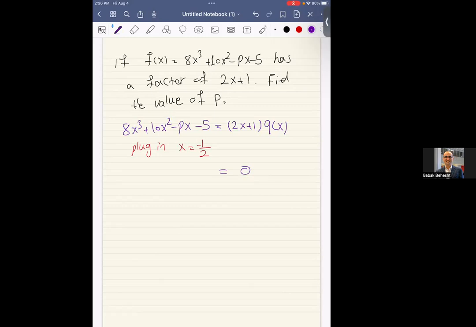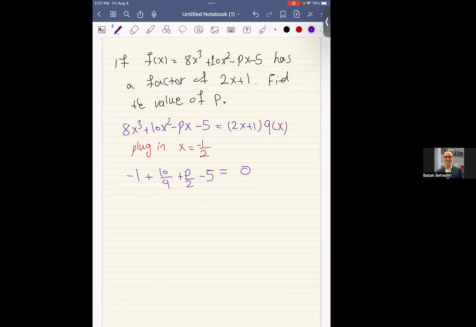So minus 1/2 cubed is minus 1/8, times 8 is minus 1, plus 10 times minus 1/2 squared, so it's 10/4, minus px, which is plus p half, minus 5. That's it. Now you can find p.